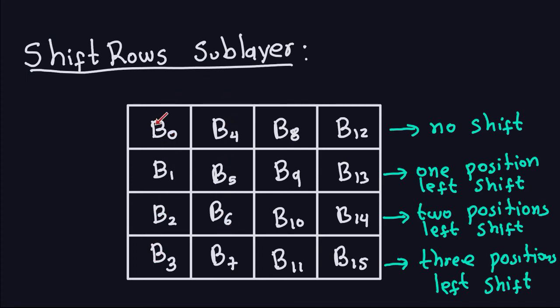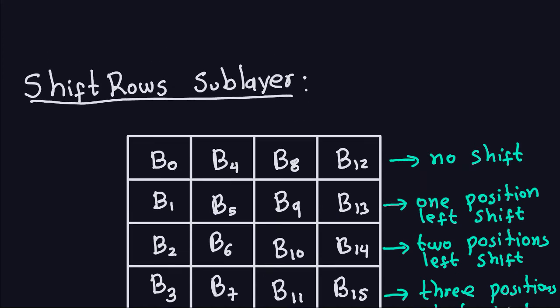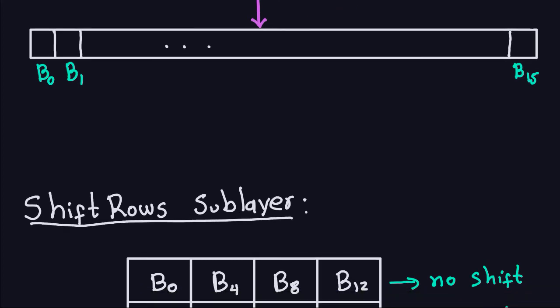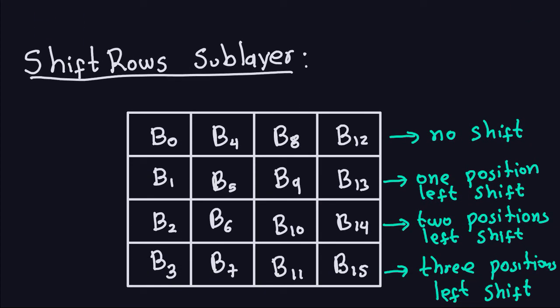So you put them in this rectangular array in this manner: you start from here, 0, 1, 2, 3, then continue to the next column, 4, 5, 6, 7, and so on and so forth, according to the order of the bytes. The reason we do that is that shift rows is exactly that: we're going to shift the rows in this rectangular array.